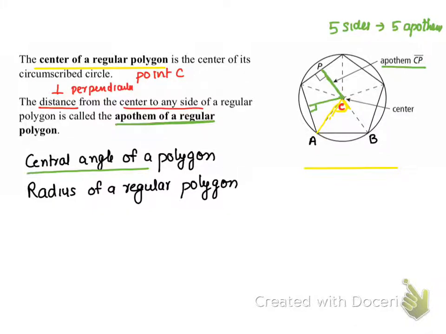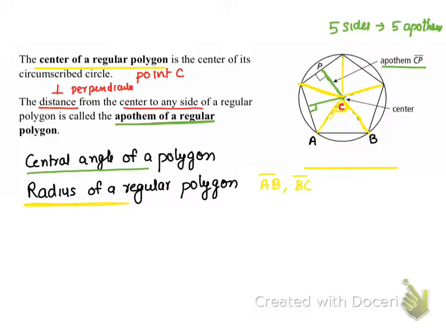What is radius? Radius of a regular polygon is basically the radius of the circle which is circumscribing it. So this is the radius of the polygon, this is the radius of the polygon, the yellow ones. In this case it is AB and BC. They're the radii.